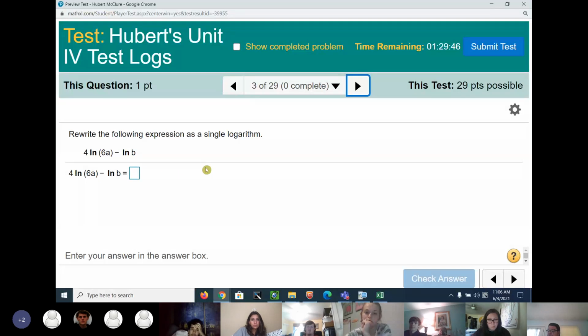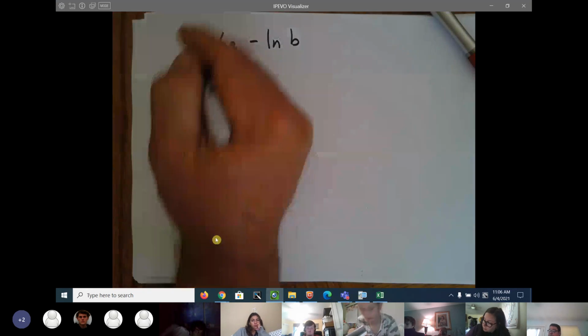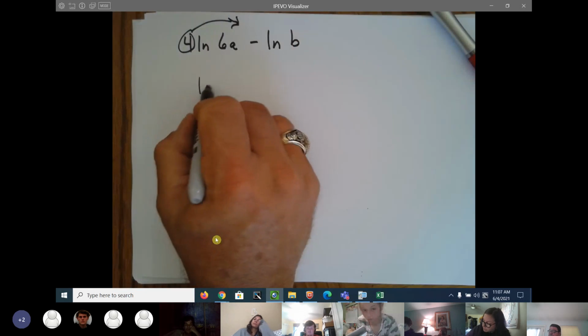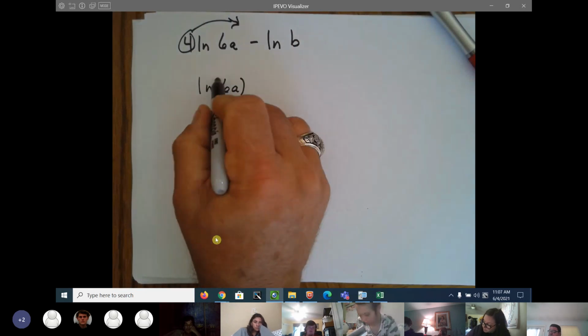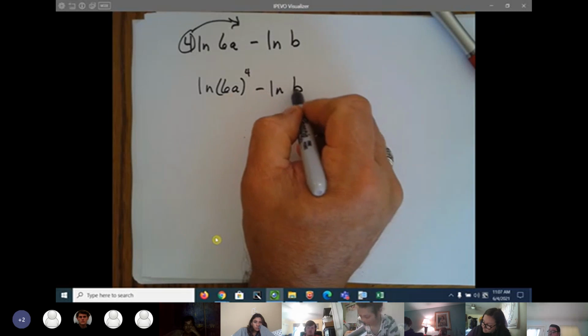That one says 4 natural log of 6a minus natural log of b. And the power rule says that I can put that 4 right there. And that would be natural log of 6a to the 4th power minus natural log of b.